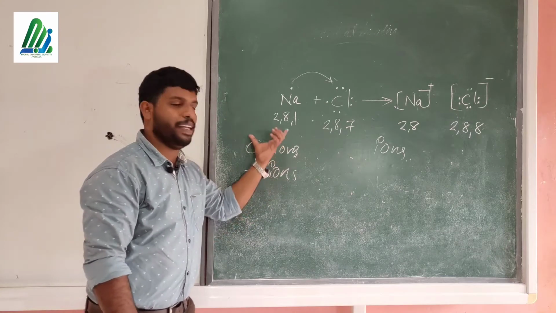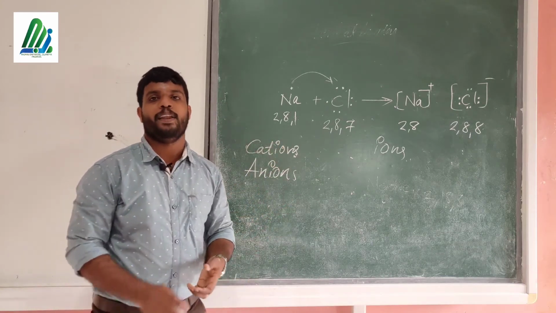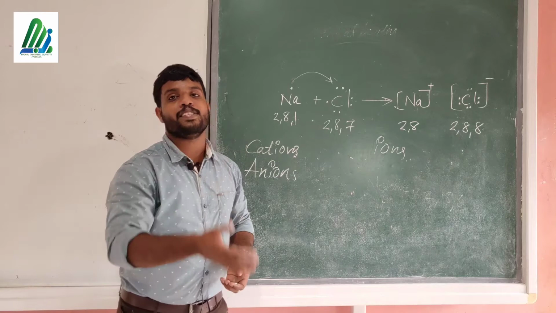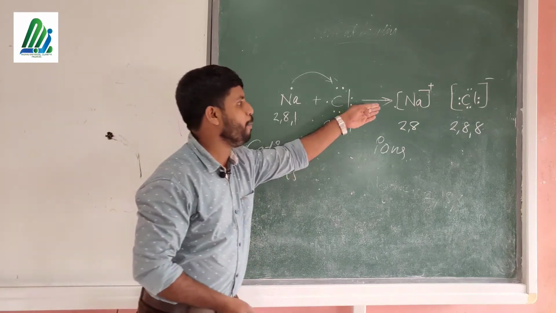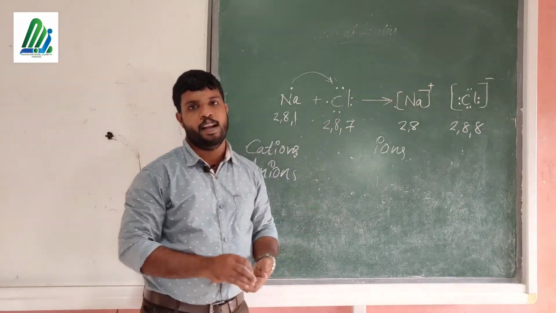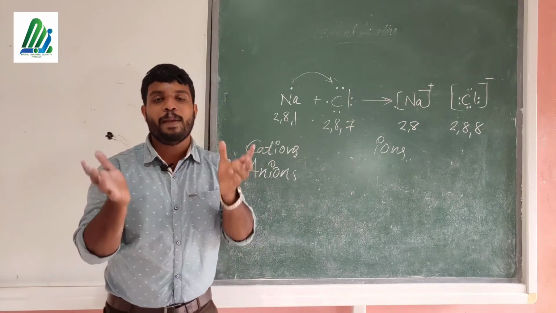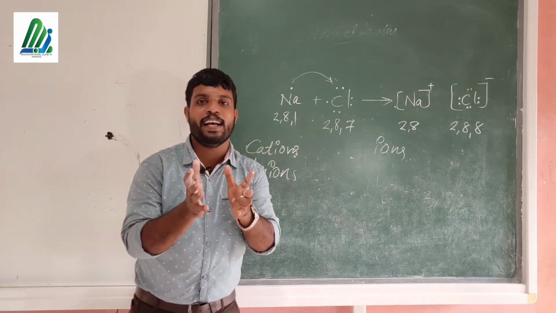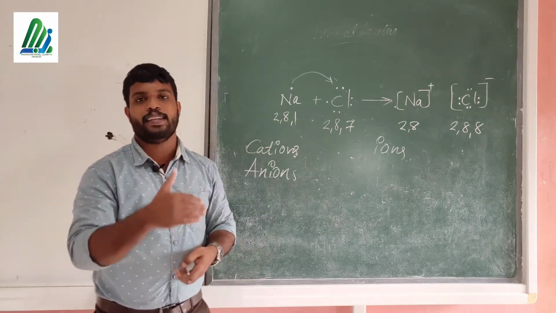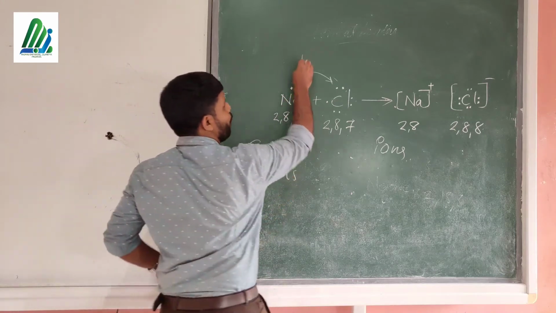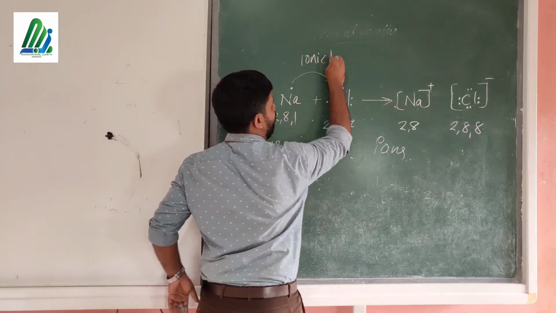So there is an attraction between the cation and the anion. Here electron transfer takes place. That means sodium donated and chlorine accepted. If a chemical bond forms by the transfer of electrons, such bonding is generally known as ionic bonding.